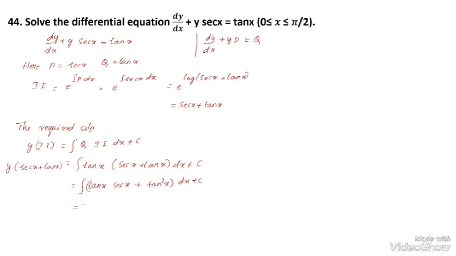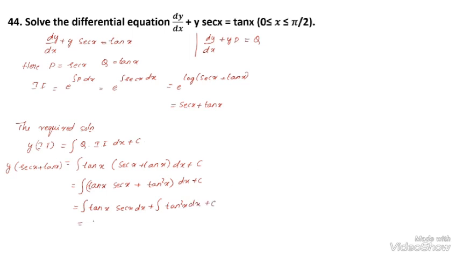Here we know the integration of tan x sec x. Then again, integration of tan square x, there is no direct formula. That's why I'm taking integration of tan x sec x dx plus integration of tan square x dx plus some constant c.